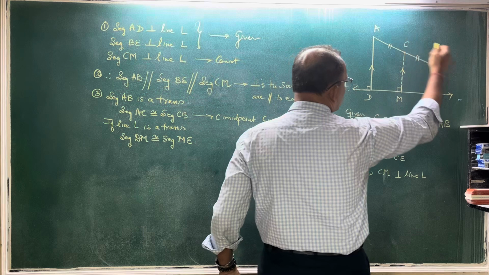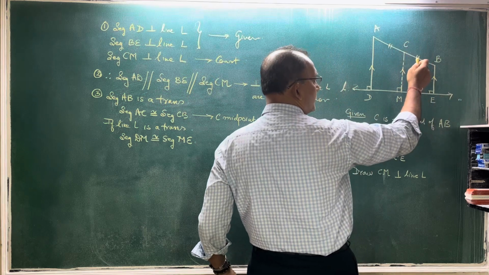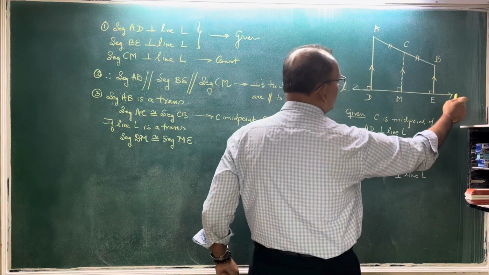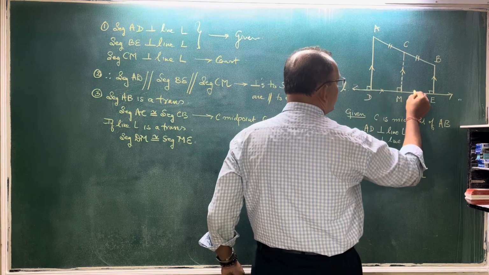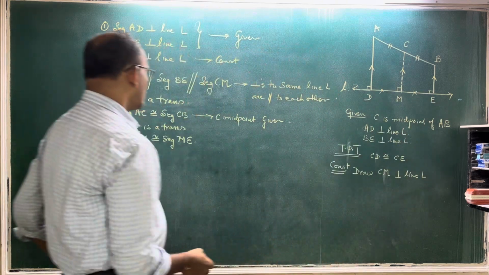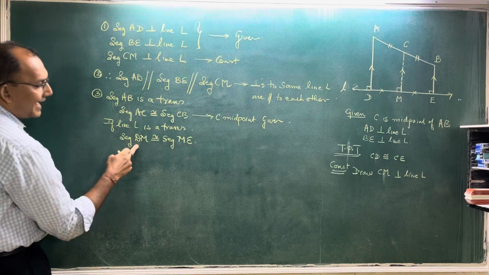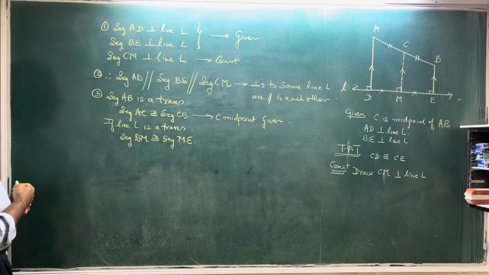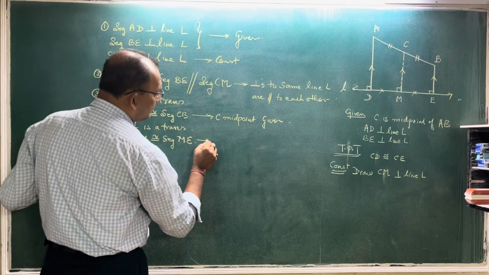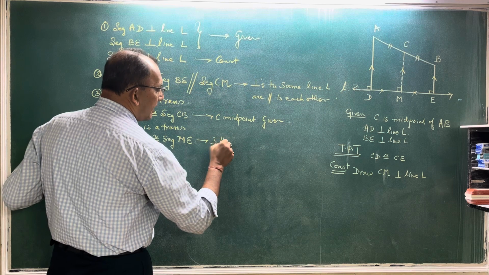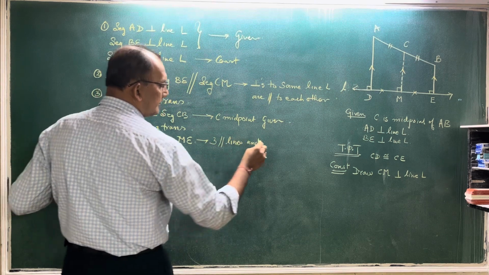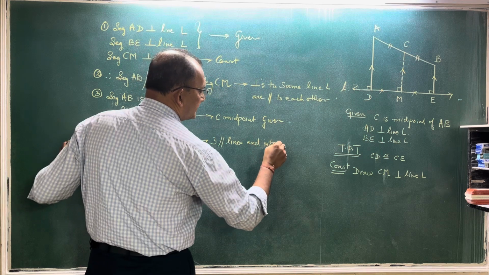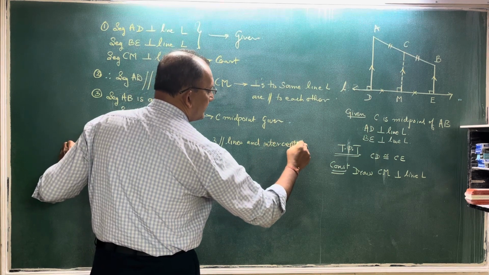If the first transversal makes congruent intercepts, then the second transversal will also make congruent intercepts. Therefore, segment DM is congruent to segment ME. The reason for this is the three parallel lines and intercept theorem.